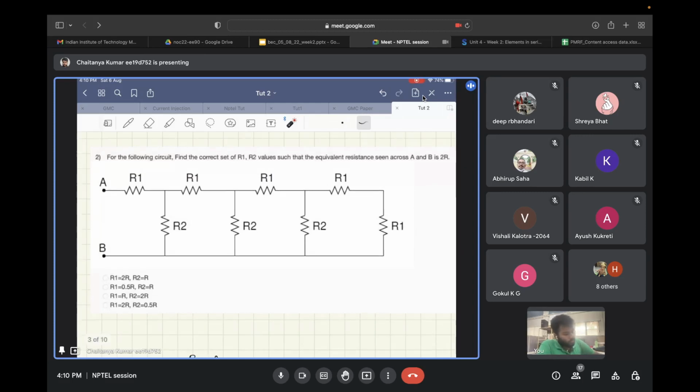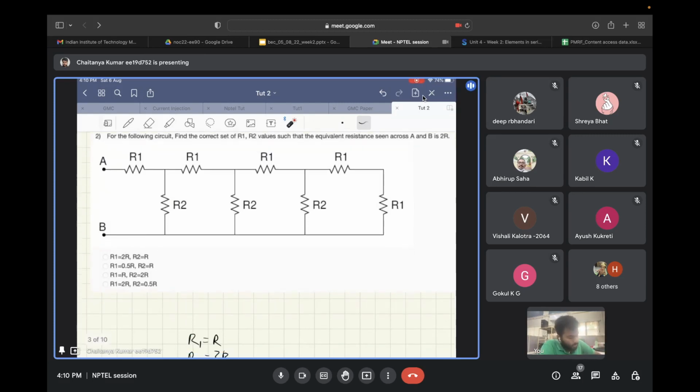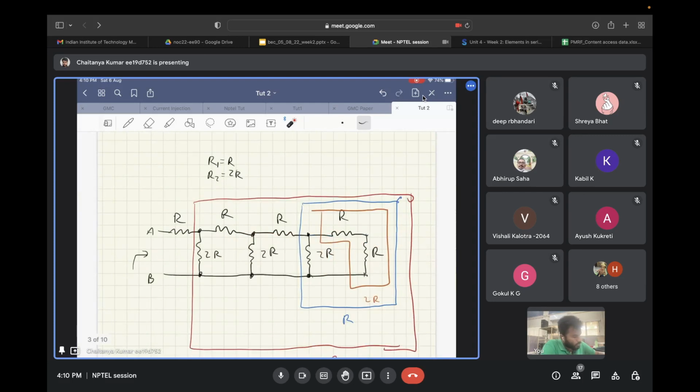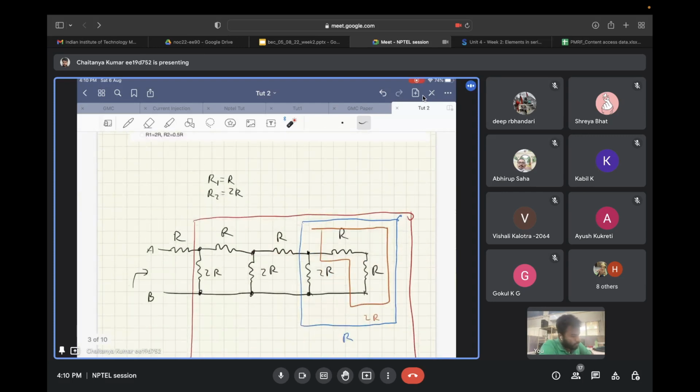So you have a series and parallel combination of resistors. Now let's look at the option C. So this is what you will get if you substitute R1 as R and R2 as 2R. So in the first two resistors over here, these are in series and they become 2R, and then 2R and 2R in parallel.